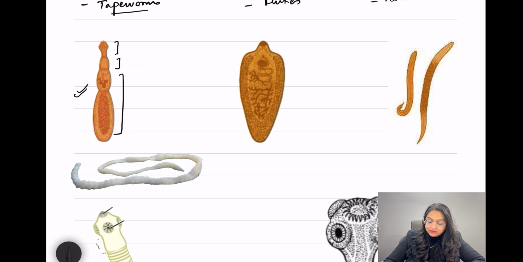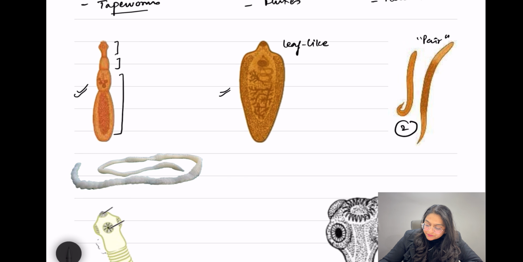This is a fluke. It is leaf-like and does not have segments. And these roundworms come as a pair, two in number. So just remember that the tapeworm is like a tape, segmented. Flukes are leaf-like, non-segmented. Roundworms come in a pair of two.